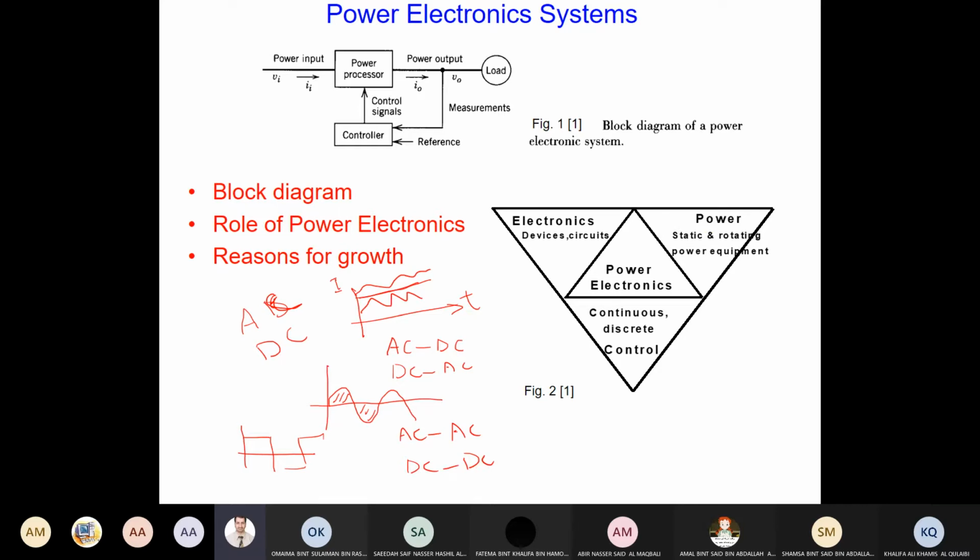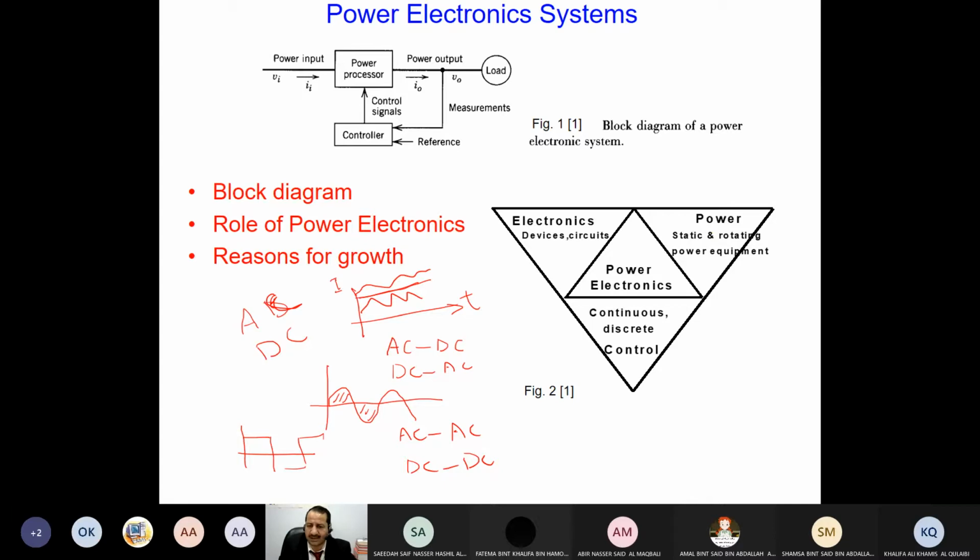Why do we convert? Because of our demand, our load. Sometimes you have an AC supply but your load is DC, so you need to convert. Vice versa, if you have DC and the load is AC, you need to convert.